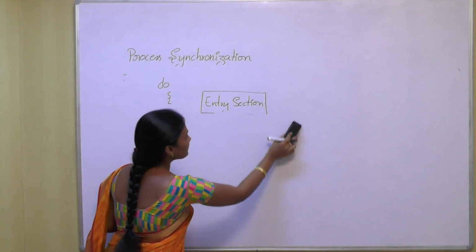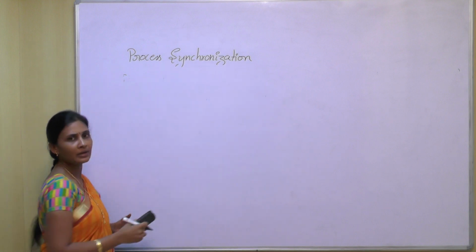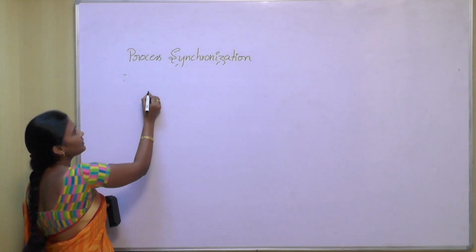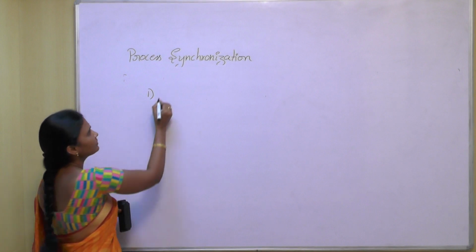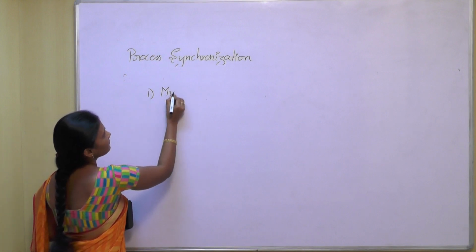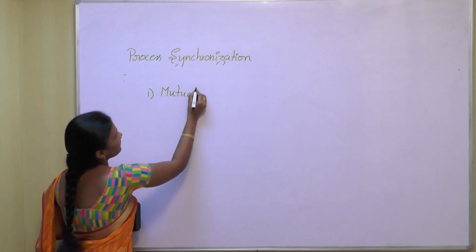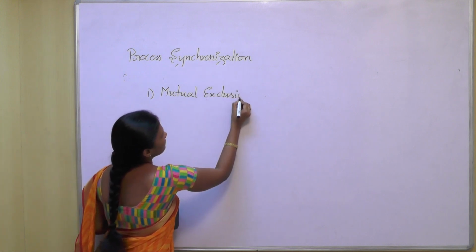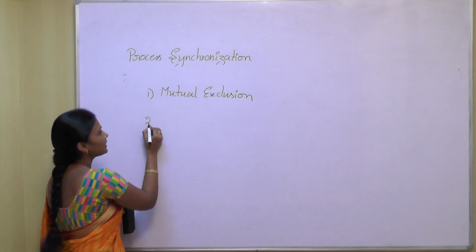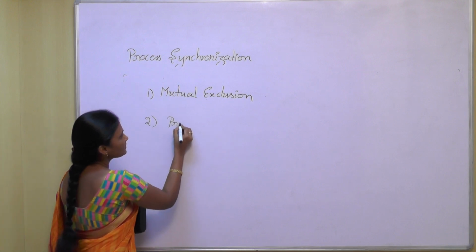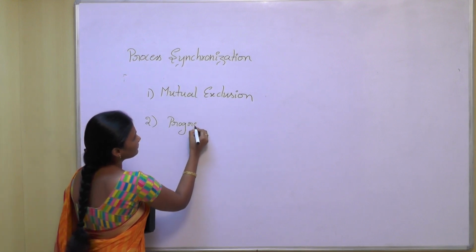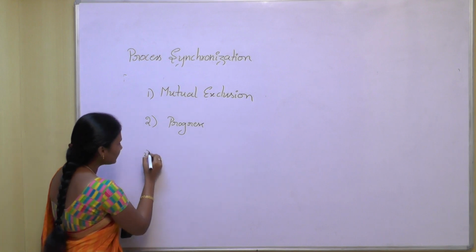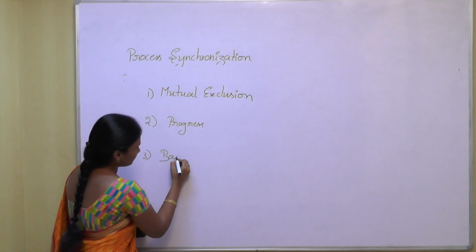To solve the critical section problem, there are three requirements. The first is mutual exclusion, the second is progress, and the third is bounded waiting.